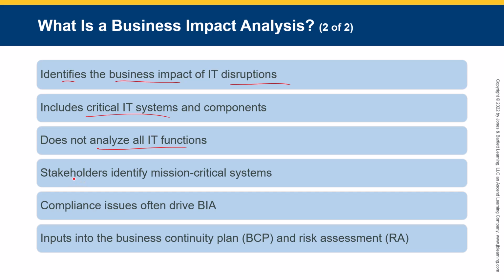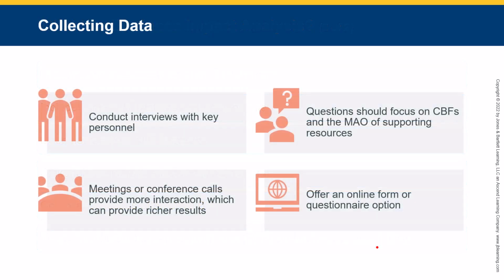It allows us to map stakeholder-identified mission-critical systems and prioritize them. Compliance issues are often driven by our impact analysis, and the BIA does provide input into other systems like a business continuity plan and our risk assessment. They work hand in hand.